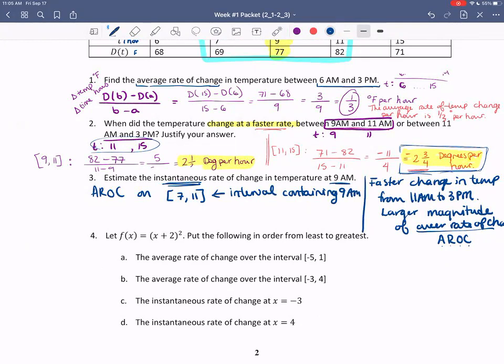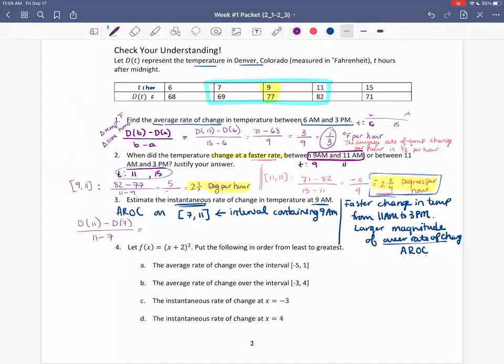So feel free to pause the video and work out that average rate of change on your own, and then we'll compare answers. All right, and when you're ready, let's look together. So we compute our d of 11 minus d of 7 over 11 minus 7. So consulting our table, d of 11 is 82, d of 7 is 69. Then our change in time, 11 minus 7 would be 4.